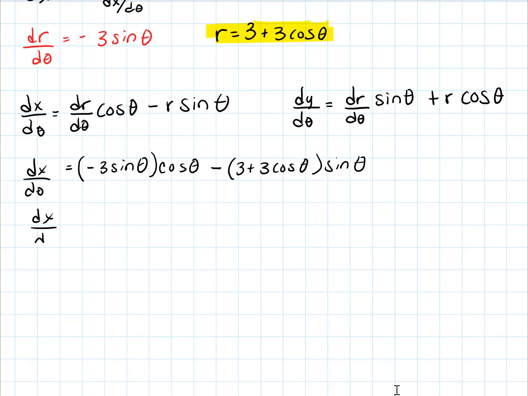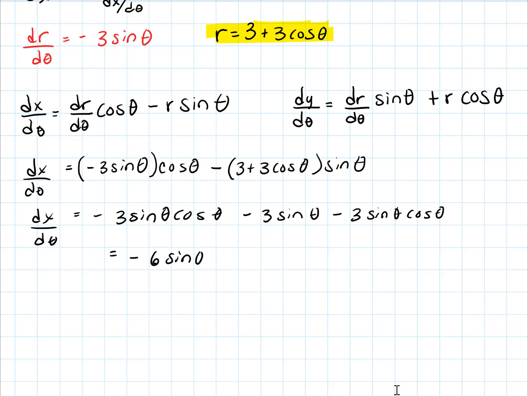So dx/dθ here would be -3 sine theta cosine theta, we're going to have -3 sine theta minus 3 sine theta cosine theta, which is definitely going to give me a -6 sine theta cosine theta minus 3 sine theta, and then a common factor.